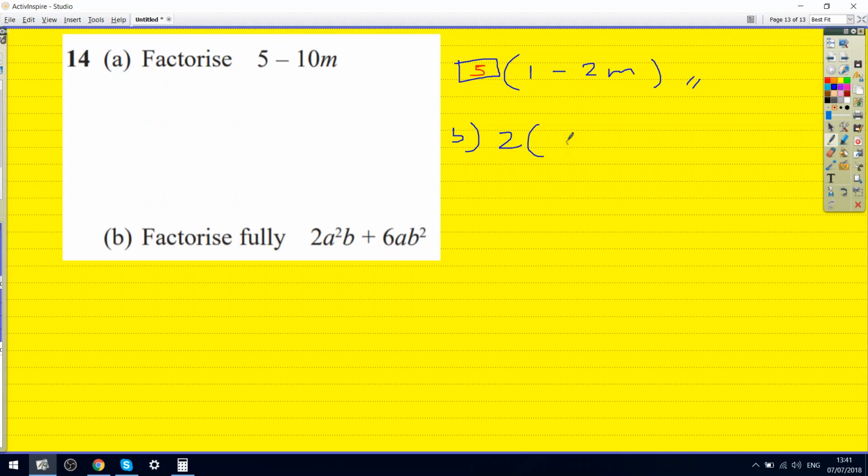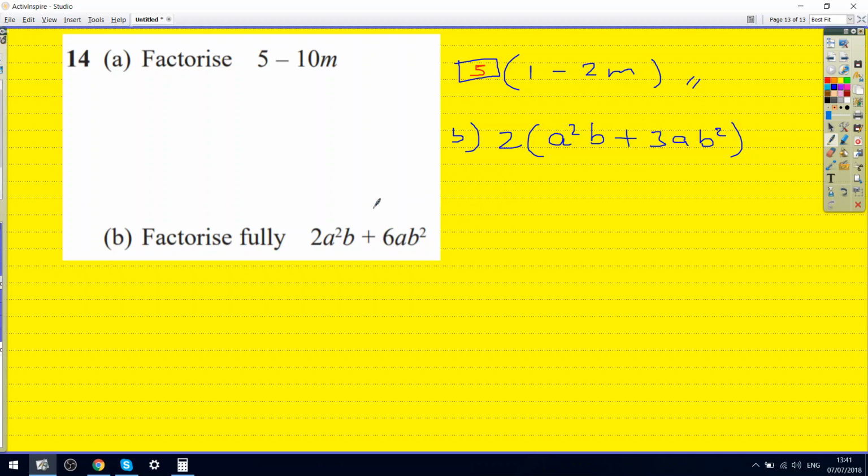So 1a squared b plus 3ab squared. Yep. And so that gives you 2. If you were to expand that, you'd get 2a squared b plus 6ab squared.